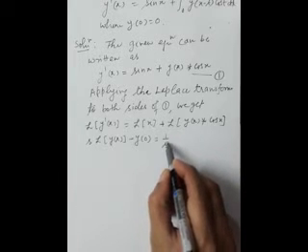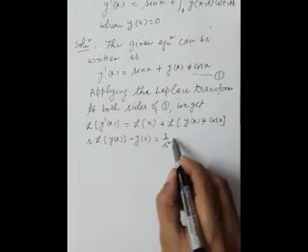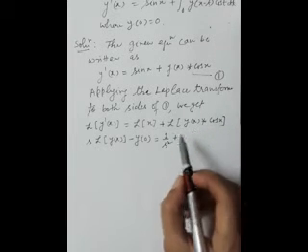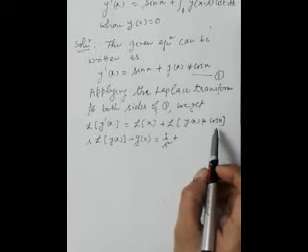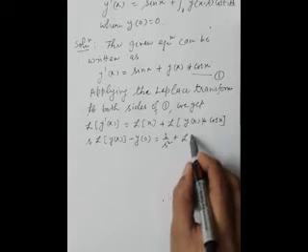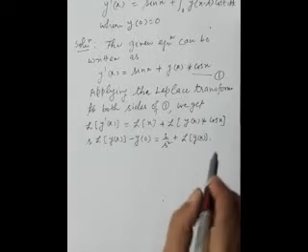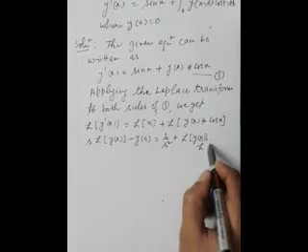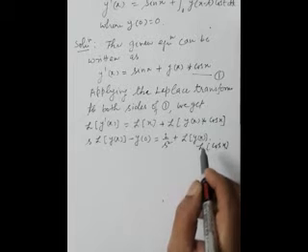So here write 1 upon s square plus 1, plus the Laplace transform of the convolution of y(x) and cos x, which is equal to the Laplace transform of y(x) into the Laplace transform of cos x by the convolution theorem.